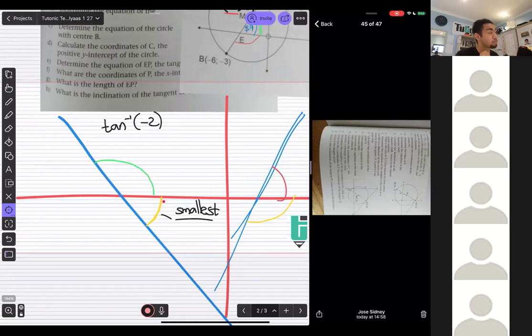So that's why you get a negative answer, because it's clockwise. And isn't this just 180 minus that? Yes. And that's what you want. So that's why they tell you to add 180.